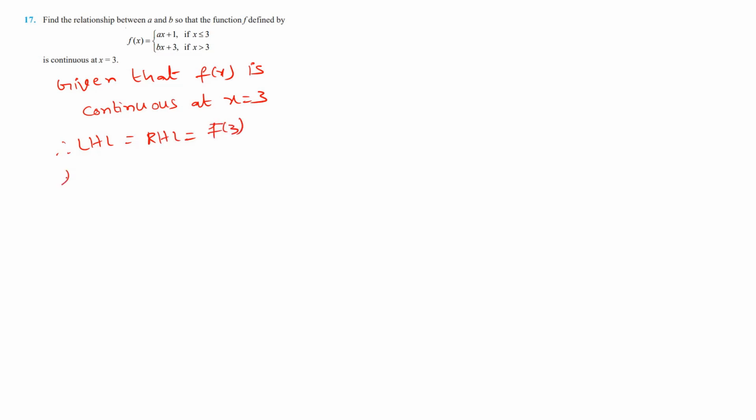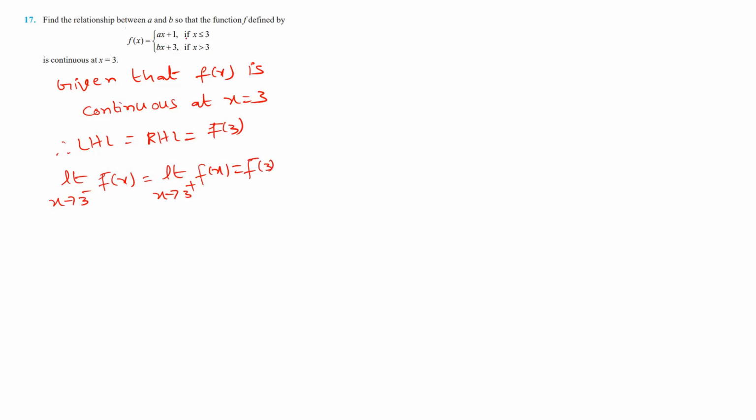LHL means the limit as x tends to 3 minus of f of x is equal to the limit as x tends to 3 plus of f of x is equal to f of 3.